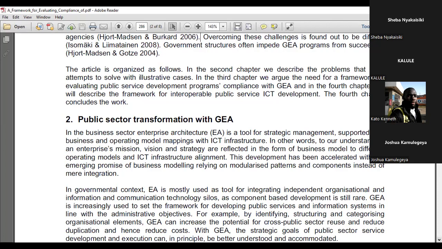That's what I would do. For me, this paper actually suggests a solution which can be implemented in Uganda.